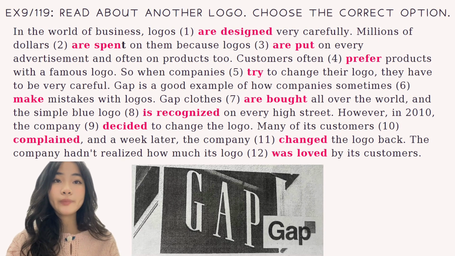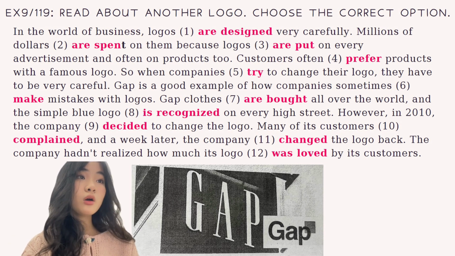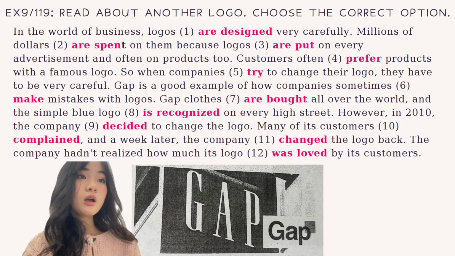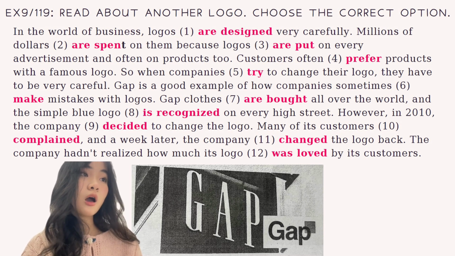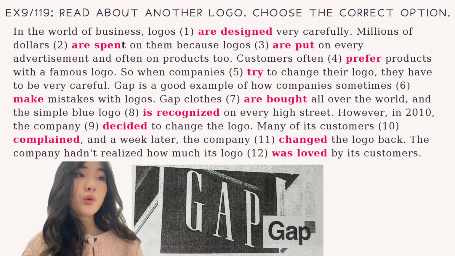Exercise 9, page 119. Read about another logo. Choose the correct option. In the world of business, logos are decided very carefully. Millions of dollars are spent on them because logos are put on every advertisement and often on products too. Customers often prefer products with a famous logo. So when companies try to change their logo, they have to be very careful.